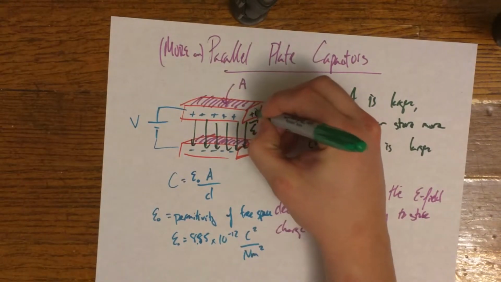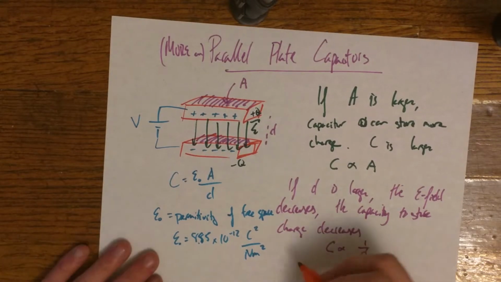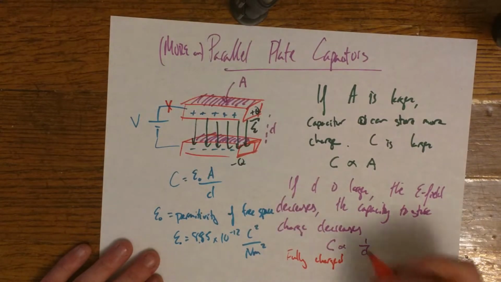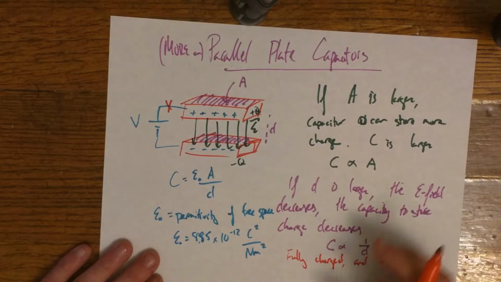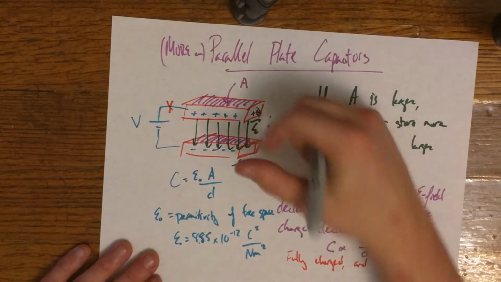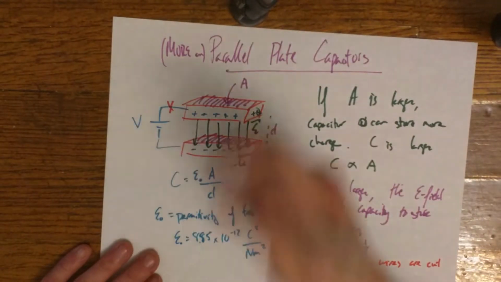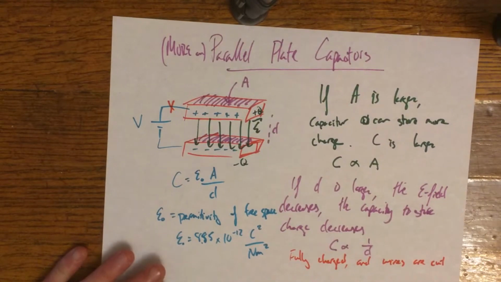We'll say that this is positive Q, negative Q. And I want to know, if this is fully charged and I cut one of these wires here, then say I move the capacitor closer so d decreases, what happens to the capacitor itself? Wires cut, capacitor is moved closer, still not touching, just moved closer so d decreases.